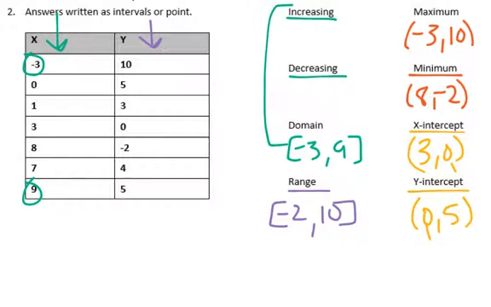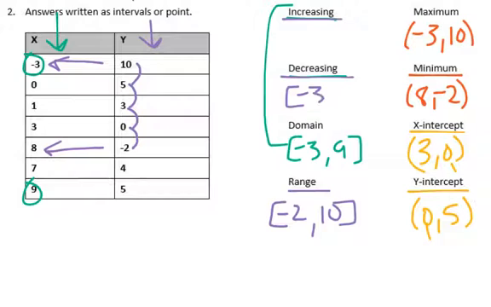Alright, so we're looking at the increasing and decreasing, so just match them. For increasing or decreasing, whichever is first: 10 to 5, decreasing. 5 to 3, decreasing. 3 to 0, decreasing. 0 to negative 2, decreasing. So then we use those x values to draw our interval.